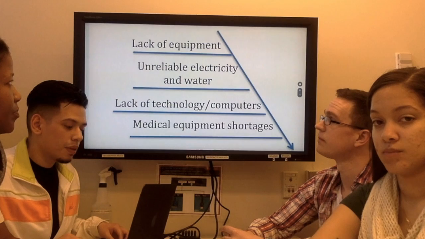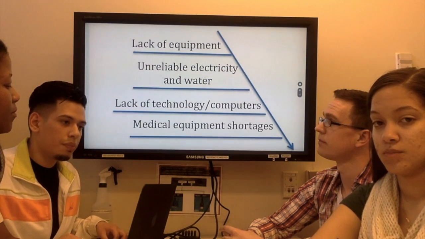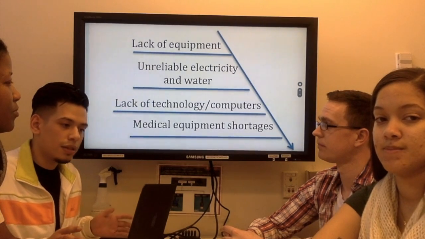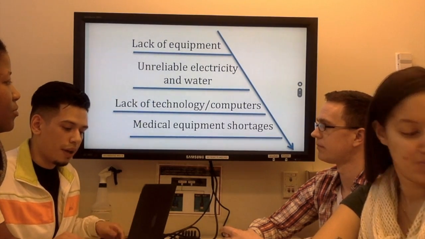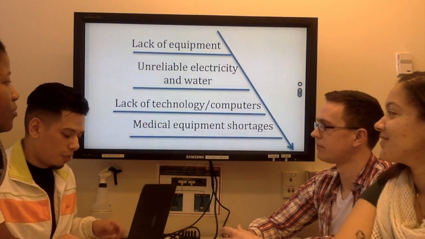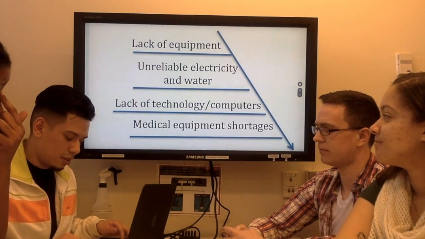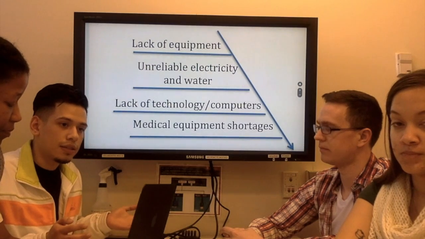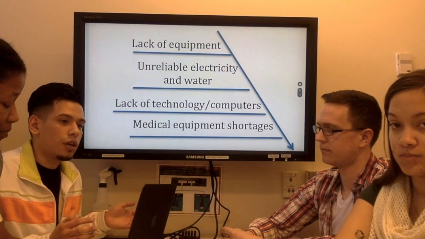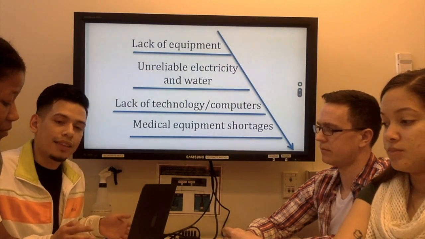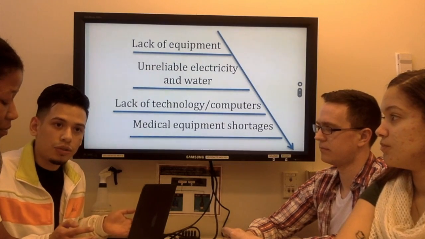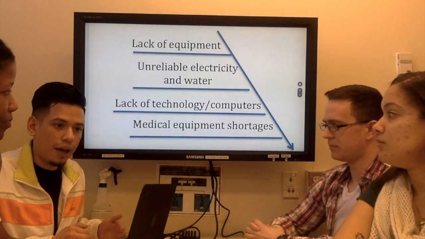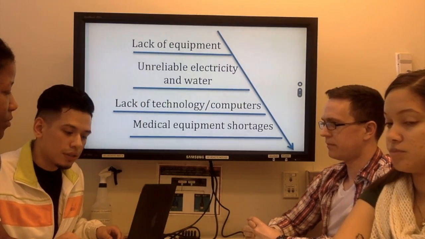We also need to improve the technology and computers that physicians use to provide consistent treatment for patients who have HIV. One of our recommendations is to implement an EMR system, which is a computer-based data system where physicians are able to have access to the latest laboratory results in order to provide the best treatment for patients who have these diagnoses.